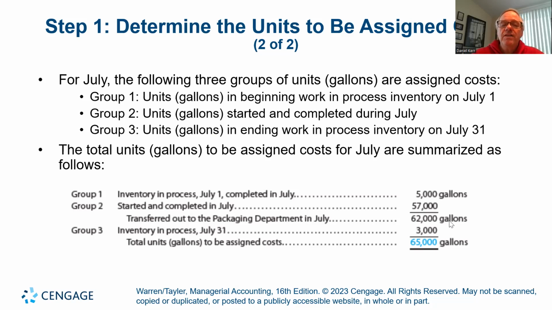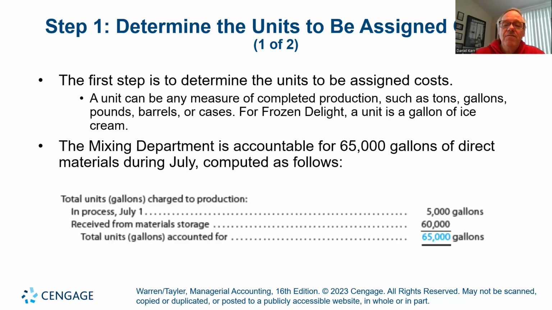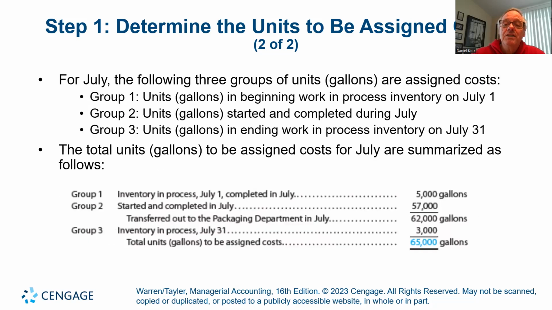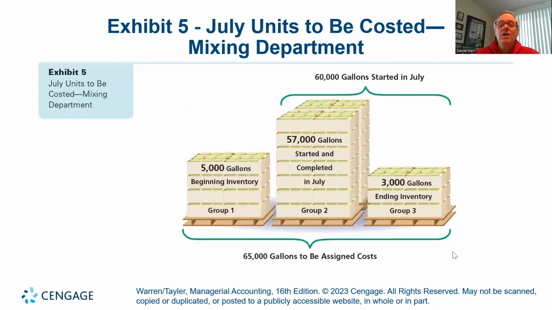So here's the information that we need to calculate what we call equivalent units. Although we've got 65,000 gallons to account for, those 65,000 gallons, which we're going to use to allocate the costs, are going to end up in 3 different buckets. So here graphically is what it looks like. We had 5,000 gallons in beginning inventory. We added 57,000 gallons, and we had 3,000 at the end of the period.